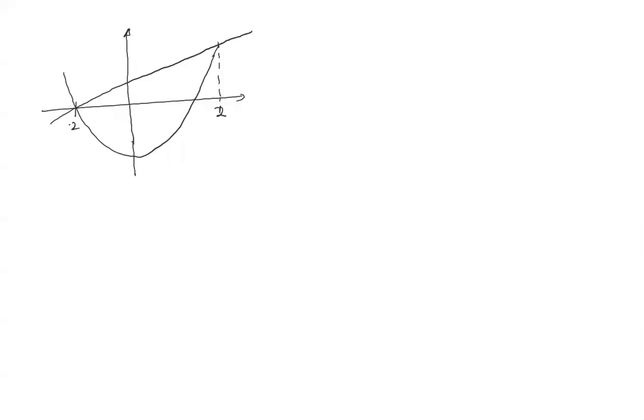Now, first of all, if I want to find the blue area, this area, the equation is y equal to x plus 2, so that means this point is (2, 4).